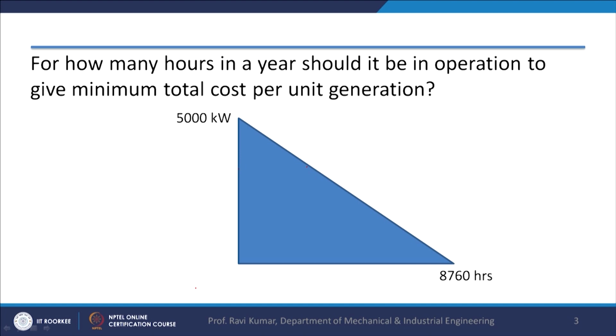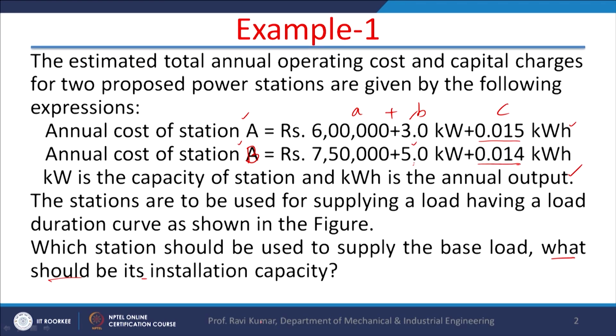We have already carried out one derivation in which we find the value of H. H is B2 minus B1 divided by C1 minus C2. So, B2 is 5, B1 is 3, C1 is 0.015 and C2 is 0.014, right.